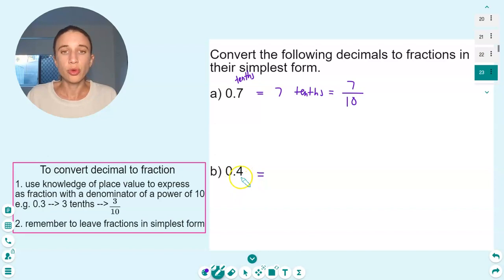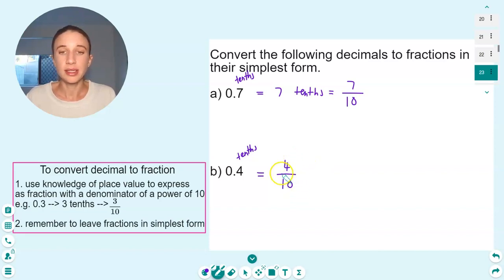This 4 is in the tenths column. You don't have to write it every time, I say that is 4/10, 4 out of 10. Then fractions need to be left in simplest form. Are there any common factors between the numerator and denominator?